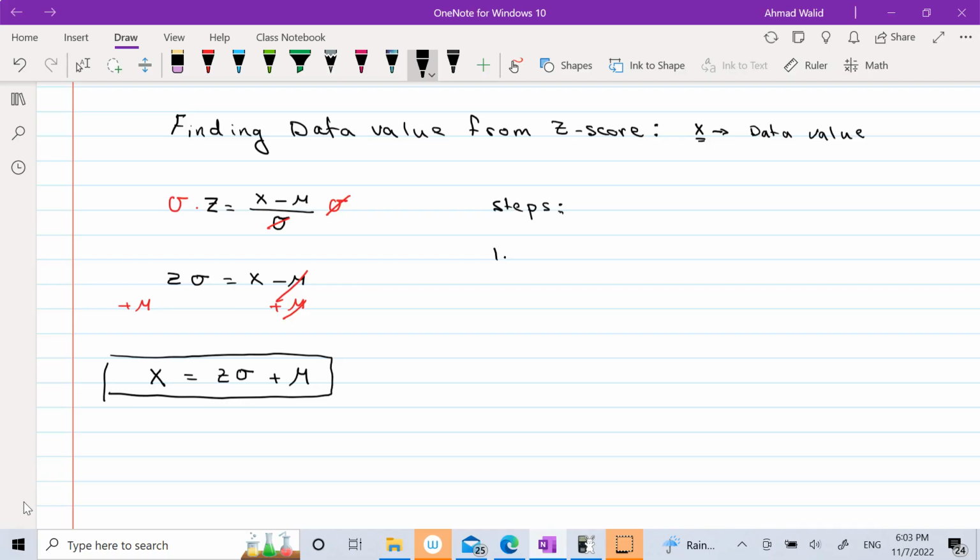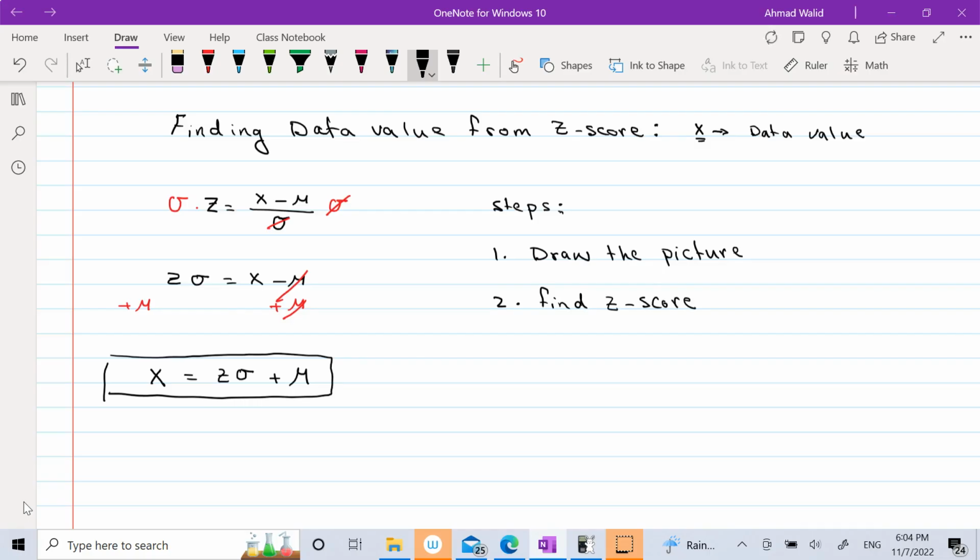Here, your first step is draw the picture. Picture comes as step number 1. Step number 2, find z-score.